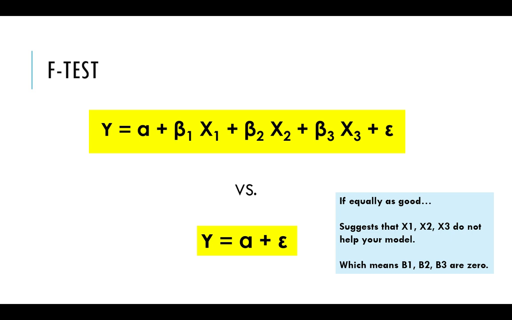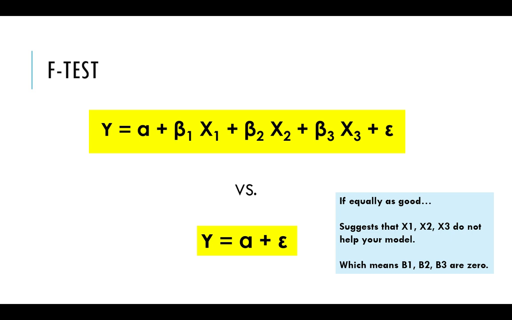So again, I'm testing to see if these are equally good. Now, let's think about it. As the note in the blue box says, if these two things are equally as good, then it suggests that having x1 in my model doesn't help, having x2 in my model doesn't help, having x3 in my model doesn't help.